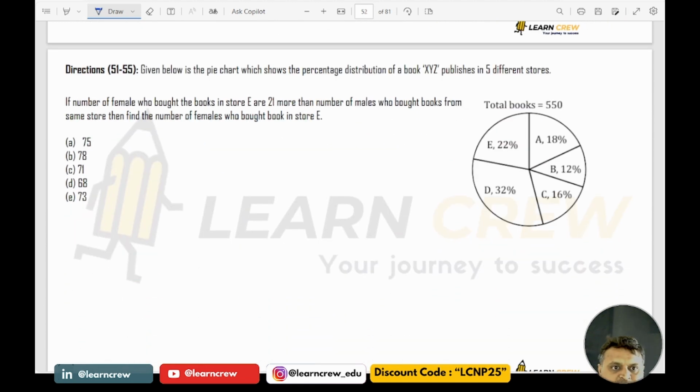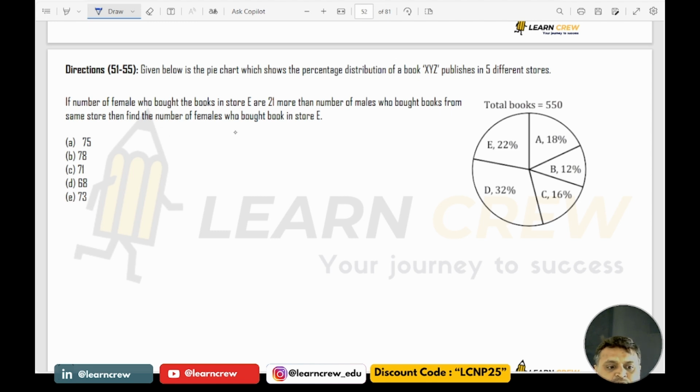Next, the number of females who bought the books in store E. So this is showing the percentage distribution of a book XYZ publishes in 5 different stores, A, B, C, D, E. Number of females who bought the books in store E are 21 more than number of males who bought the books from the same store.